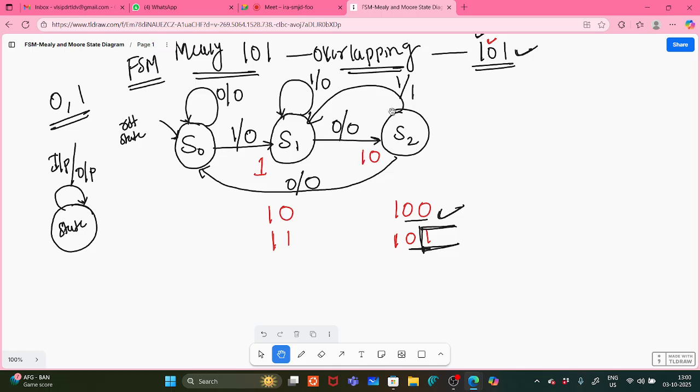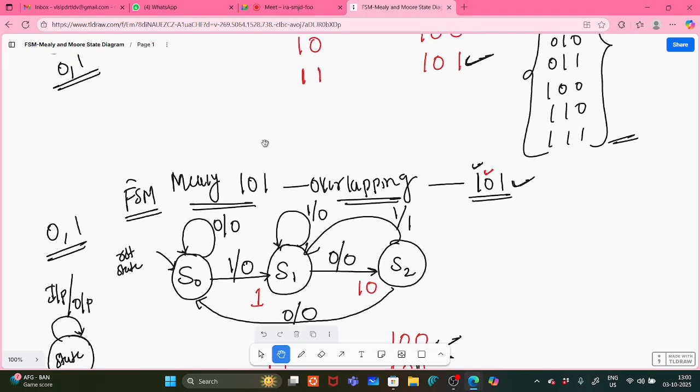So you need to match the last 2 bits, last 3 bits, wherever last 1 bit, wherever it is matching, it will go to this state. Okay, so last bit is matching to the S1, so that's why it will go to S1. So you got the sequence, whatever the sequence you are checking, so you got this 101. Okay, so like this I can do. Okay, is it fine? 101 sequence, overlapping and non-overlapping.